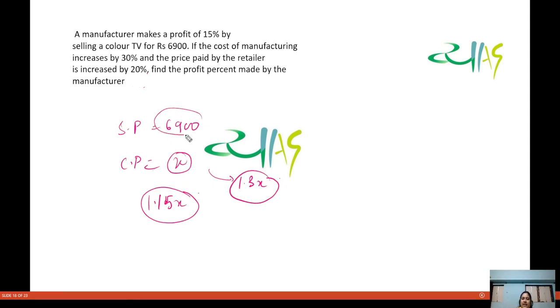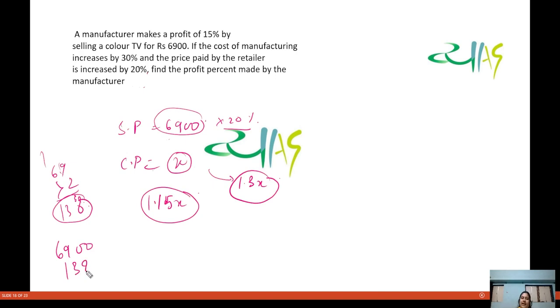So earlier he was paying this price, now he is paying 20% more. How much more is he paying? 69 into 2, how much will you get? 138. So earlier he was buying for this much, now he is buying for how much?